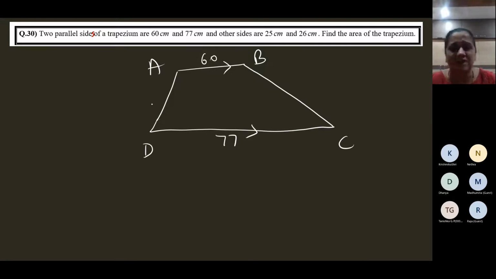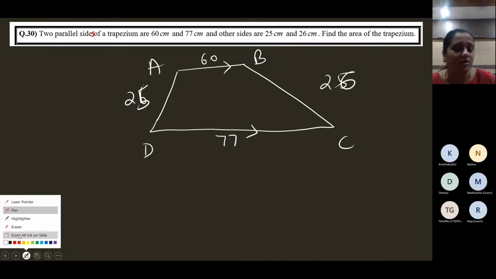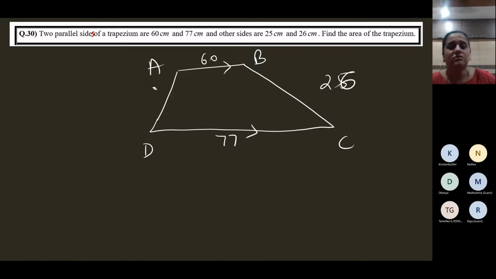You can write 25 here and 26 here, or the other way; that's not going to affect your final answer. All of us will get the same answer. I'll take 25 here and 26 here because I feel this side is longer.